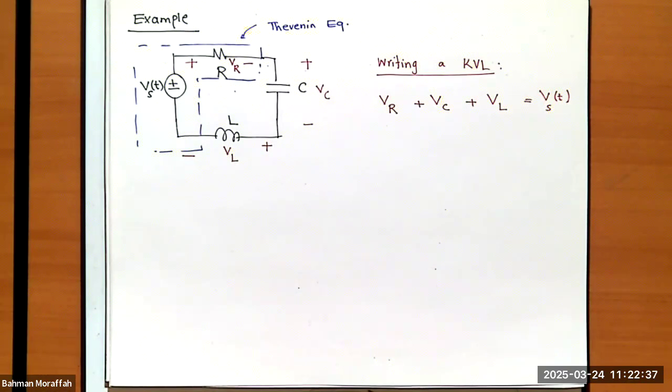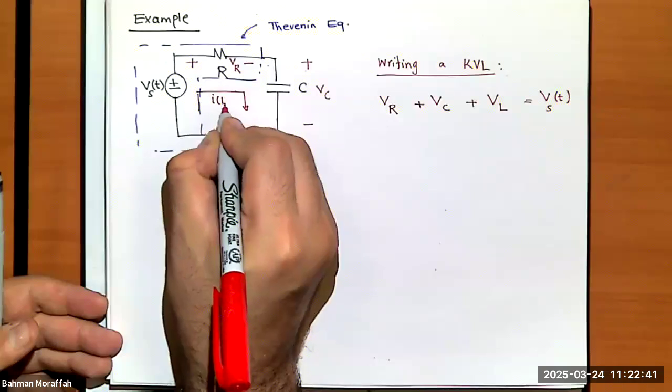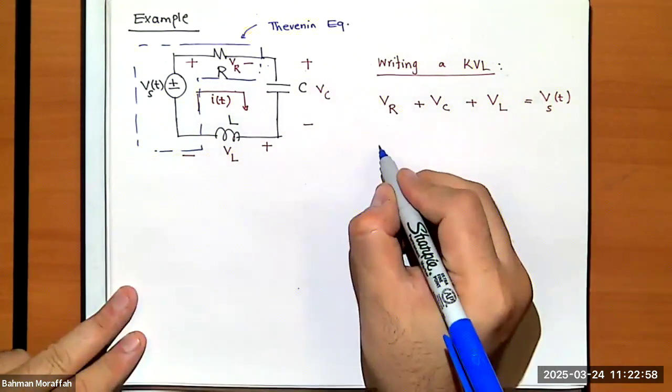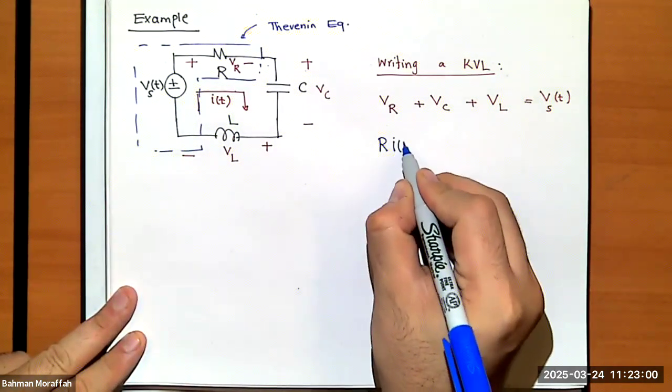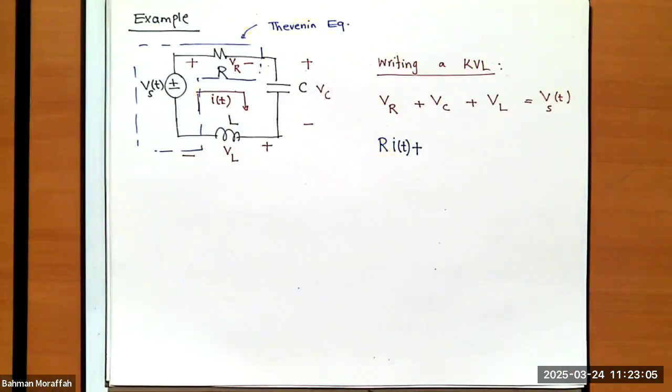Let's call the current through this loop i(t). Do you agree the voltage across the resistor is the value of the resistor times that i? That's Ohm's law. So VR is R times i(t), plus.